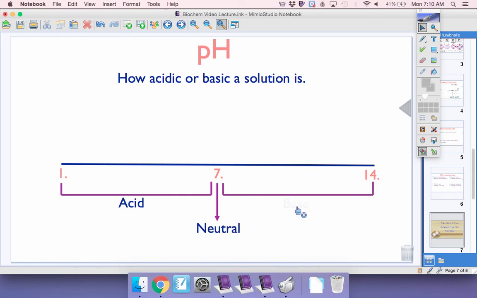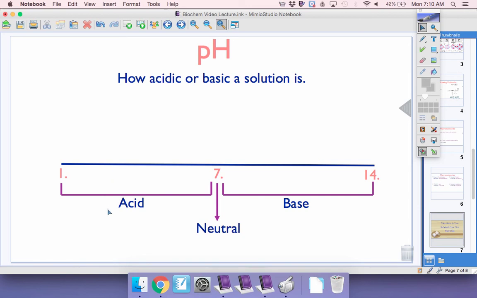Right at 7, we have pure water, and that is neutral. And then anything above a 7, so 7.01 and up to 14, is a base. At this time, that's all you really need to know about it.